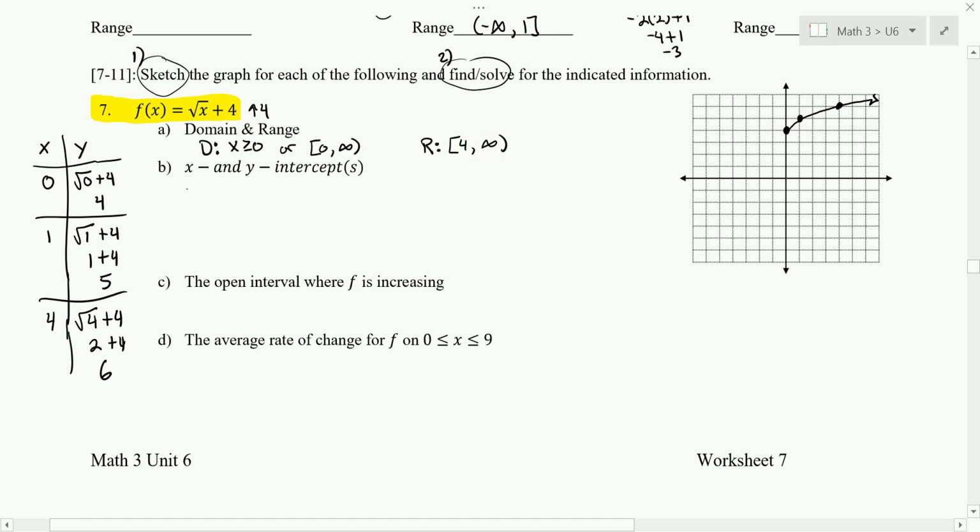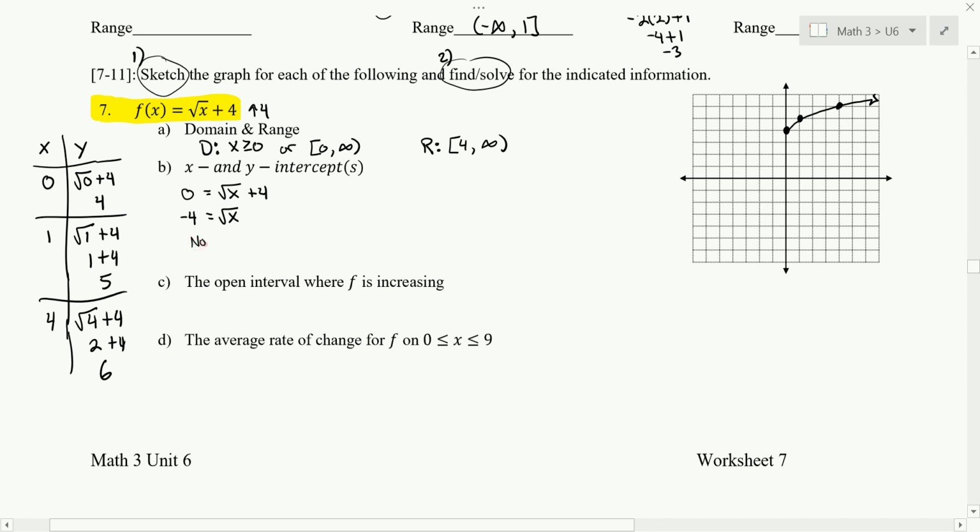For the x-intercept, you find x-intercepts by plugging in 0 for y, and when we do that, we get 0 is equal to the square root of x plus 4. Solving for x, I subtract 4, and you end up with negative 4 is equal to the square root of x, which does not make sense, because when you take the square root of a number, you should not have a negative answer.